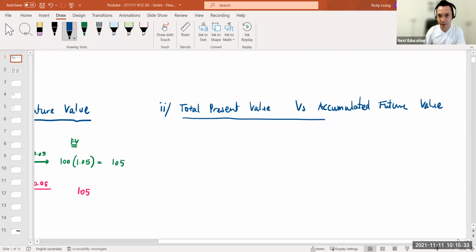This diagram is cool. Please, if anything, copy it into your books or have it somewhere. It's a nice little depiction of what we're talking about.